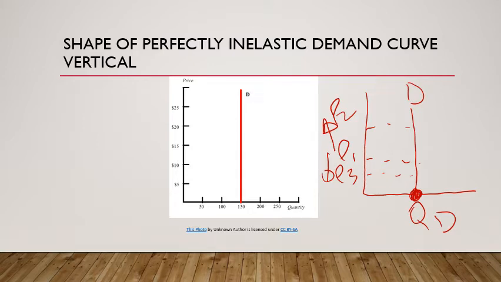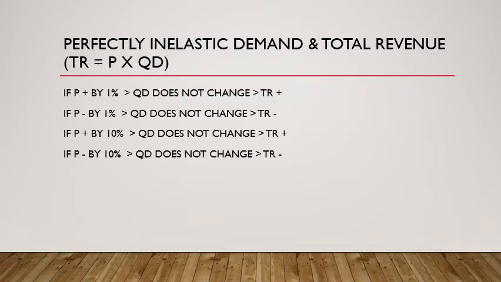Again, I posed the question, what kind of a product could this be? Here, what I'm going to try to do is to explain the relationship between perfectly inelastic demand and total revenue. Just keep in mind that we're defining total revenue by P times QD.